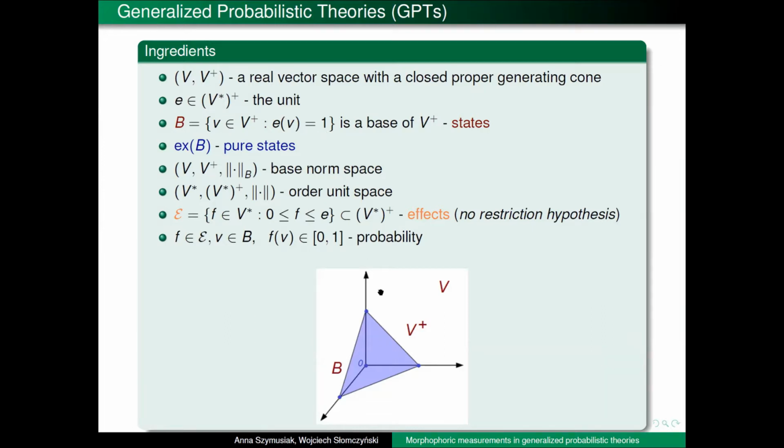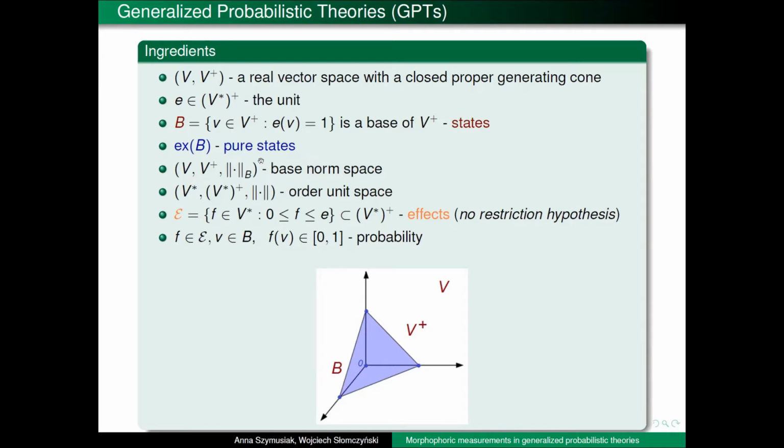And this set, say B, is a base of this positive cone. There are also some elements, some extreme boundary of the set, and they can be interpreted as pure states.